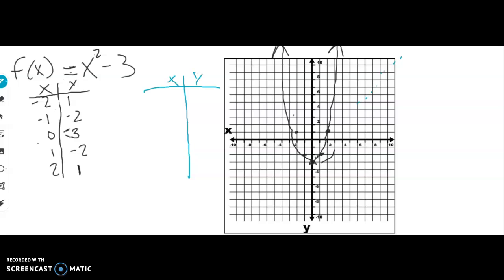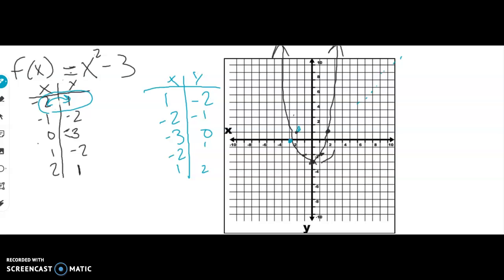Swapping our x and y values, we get 1, -2. I'm just taking these values and swapping them, and same for the ones on the bottom. We get -2, -1, -3, 0, -2, 1, and then 1, 2. Let's plot it on the graph.